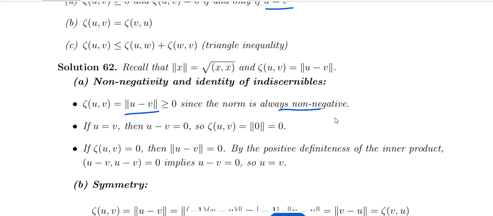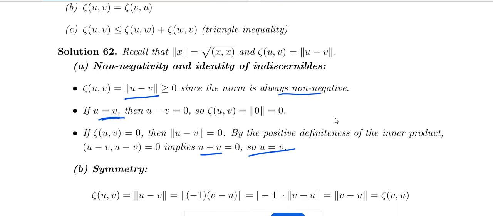In the case of u equal to v, u minus v equal to 0, that is, distance of u comma v equal to 0 if and only if u equal to v. And distance of u comma v equal to 0 means norm of u minus v equal to 0, that is, inner product of u minus v and u minus v equal to 0. That means u minus v equal to 0, so u equal to v. So this is the if and only if condition, and it is true.